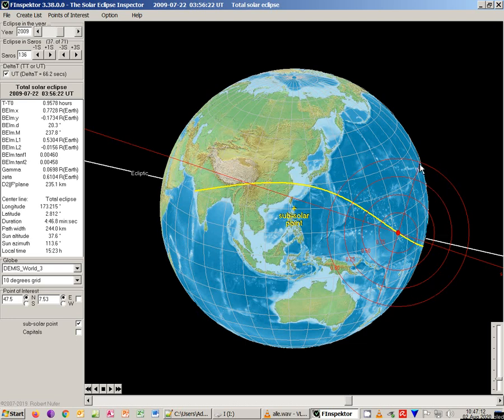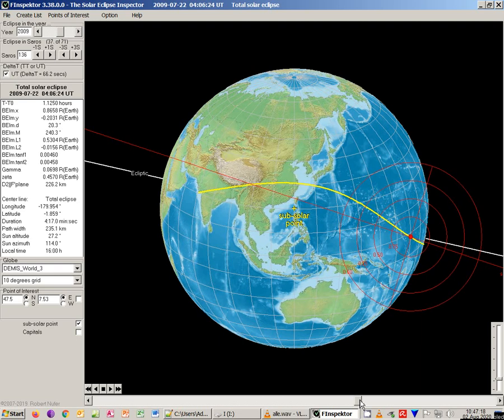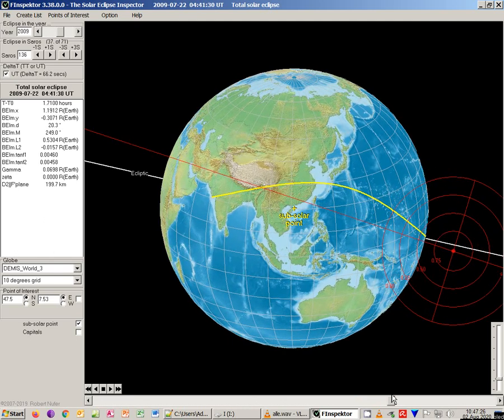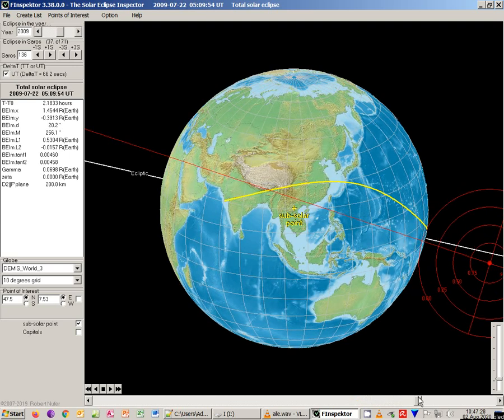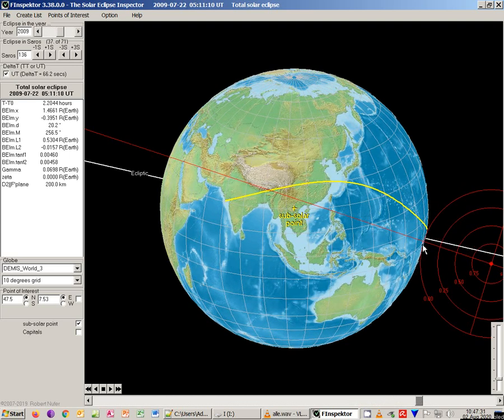Later, northern zero magnitude maximum eclipse occurs at this point here. I call this point PN4. Then, this is the southern extreme point of the partial eclipse on the sunset side. I call this point PS4. Finally the eclipse ends at sunset somewhere here. This point is usually called P4, and the eclipse is over.